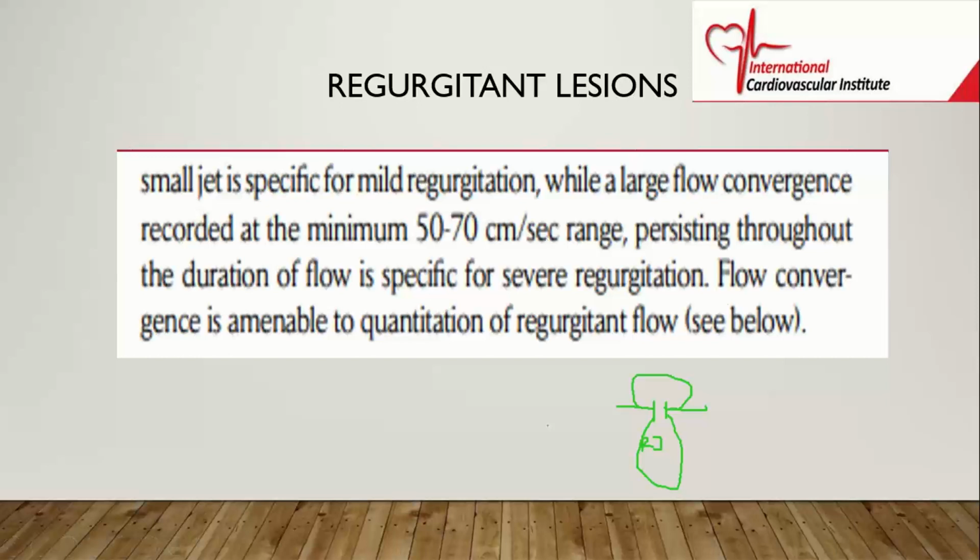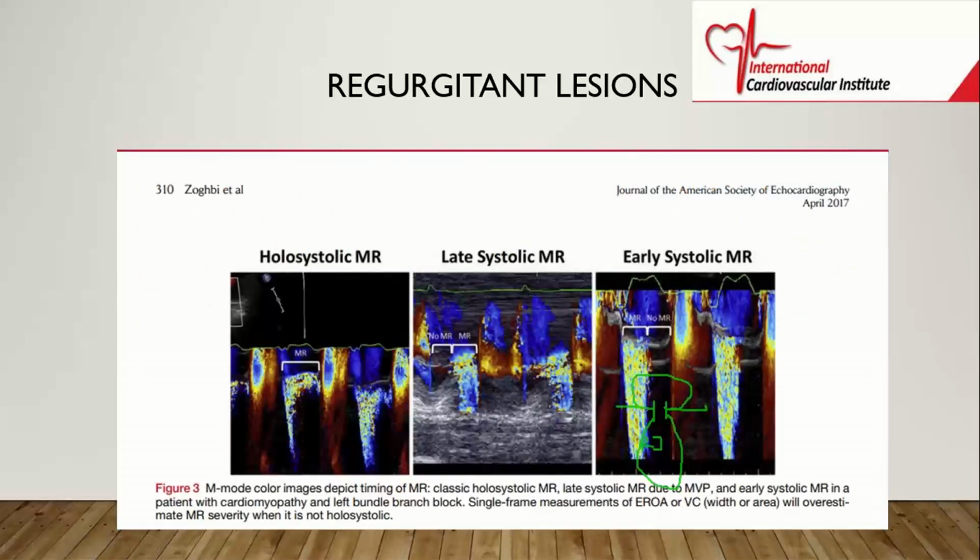You want to adjust it to get a nice hemisphere. If it's not looking good, you adjust it, and we talk about a baseline adjustment, and we'll tell you what that is. So you want to adjust it so you get a nice hemispheric flow convergence.